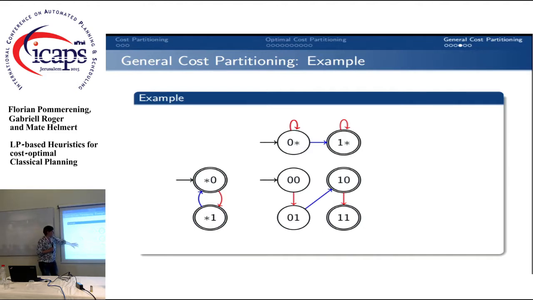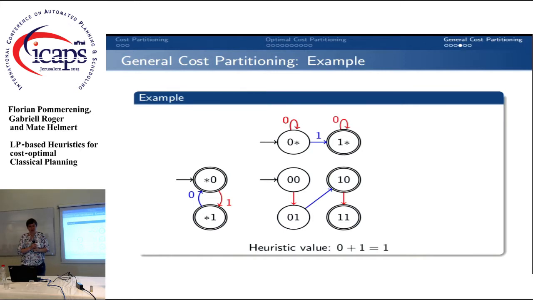So we can use all of the cost of the blue action in this abstraction. So we would assign blue a cost of 1 here and 0 there, and for the red action it doesn't really matter, and get a heuristic value 0 from here, 1 from here, so a total heuristic value of 1.